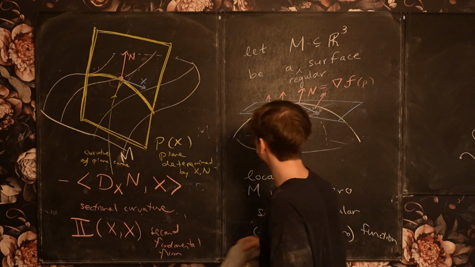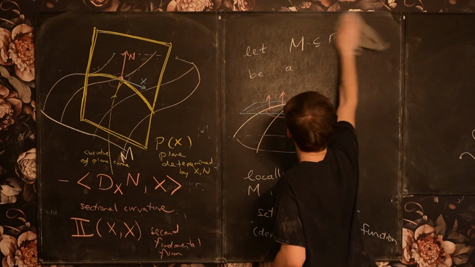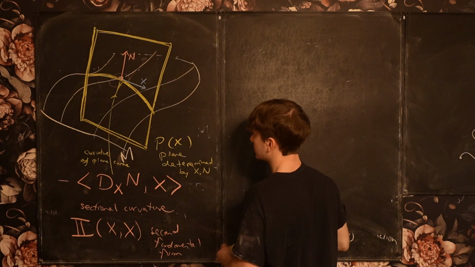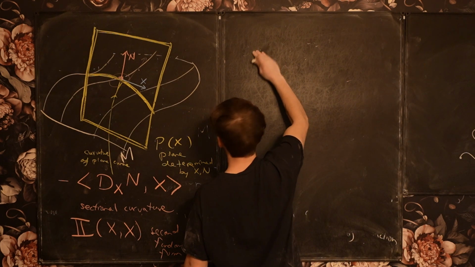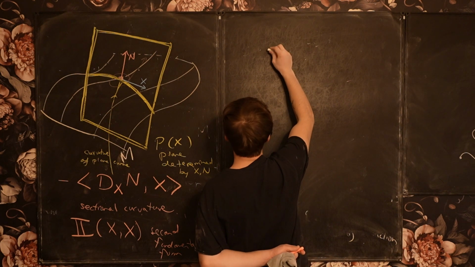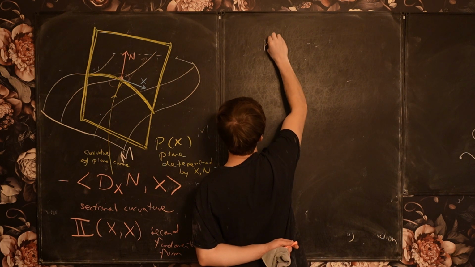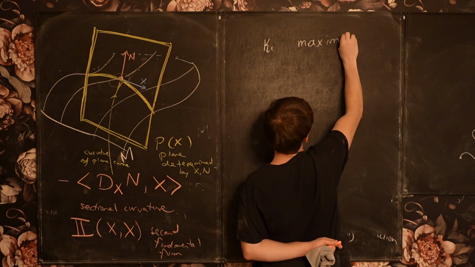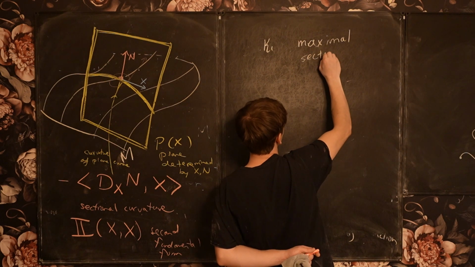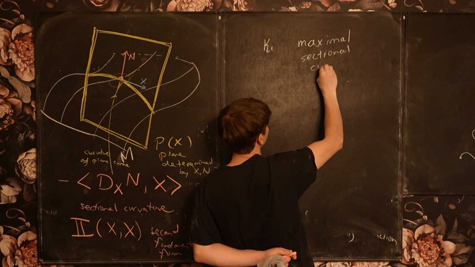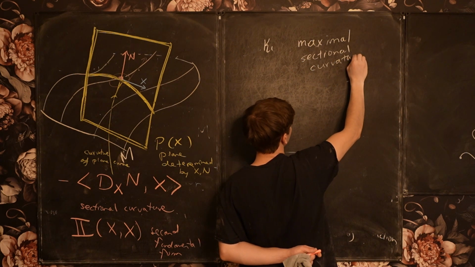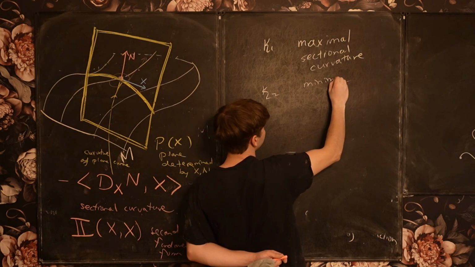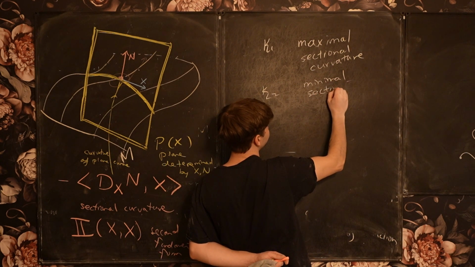And then, roughly speaking, K1 is going to be the maximal sectional curvature and K2 is the minimal sectional curvature.